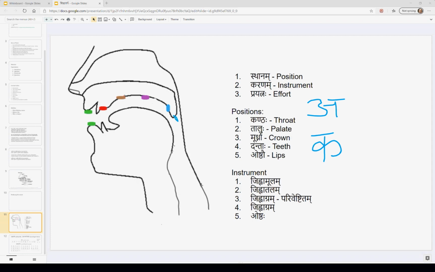One second, let us complete once. So it was a good explanation. While pronouncing a sound, there is very slight constriction in the kantha area, but there is no touching of the jivhamulam. While pronouncing ka sound, there is touching of the jivhamulam along with the little bit constriction in the kantha area. Yeah, correct.